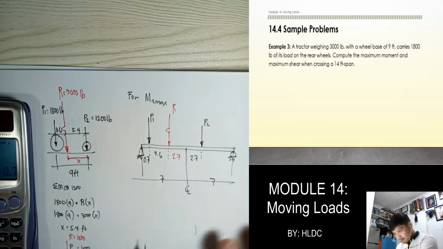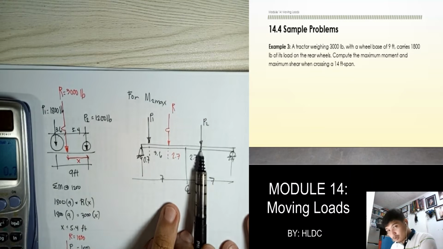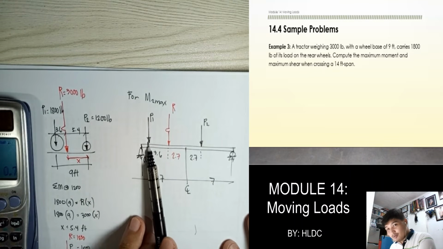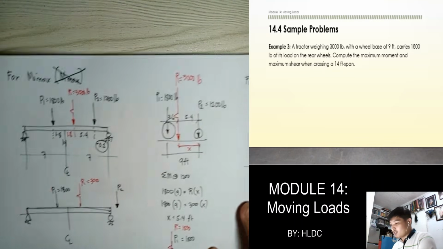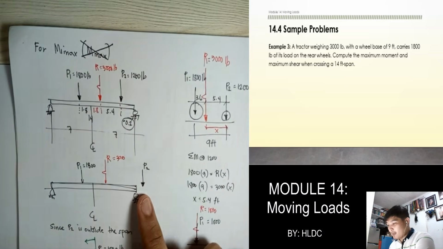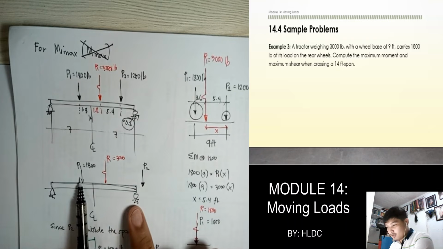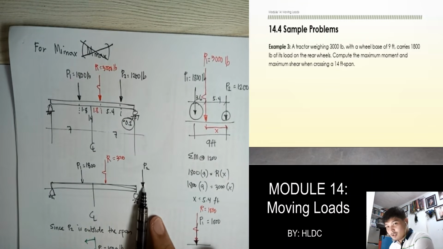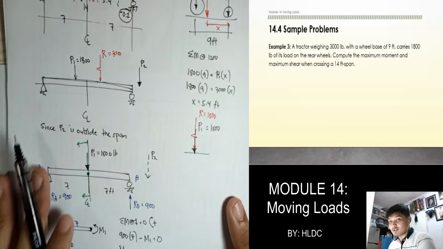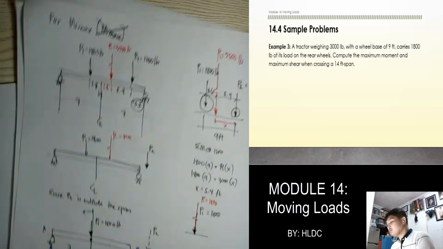Ibig sabihin, pag nilocate natin dito yung wheel 2, papasok pa rin yung wheel 1. Unlike nga dito sa previous natin, pag nilagay natin dito yung wheel 1, lalabas na sa span yung wheel 2. Okay, kaya nagkaroon tayo ng pagbabago sa analysis. So, going back.